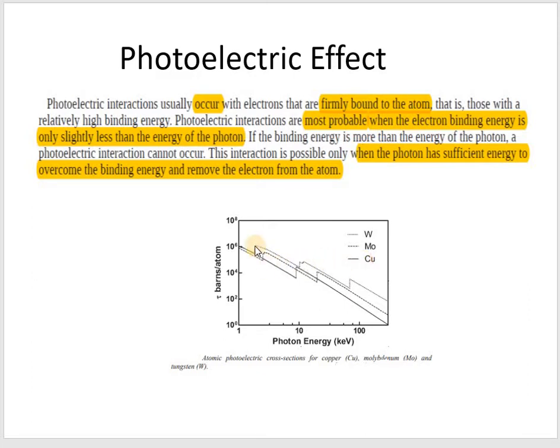For other shells, these are the binding energies, the L edge and the M edge. For these the rise is not so high, just a little bit, but here you can tell it's a strong increase.